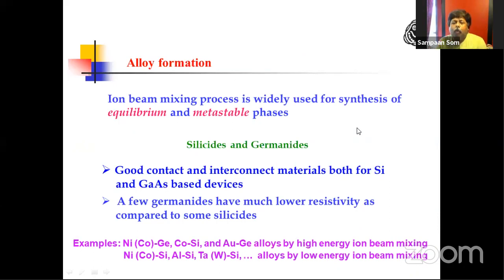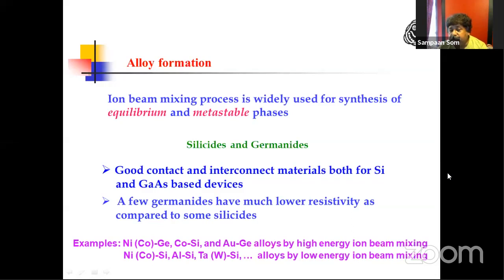Now, as I told, with this fundamental idea, we can share some examples of how one can study various different systems of materials which are obtained due to alloy formation, either by using ion bombardment, which is known as ion beam mixing.